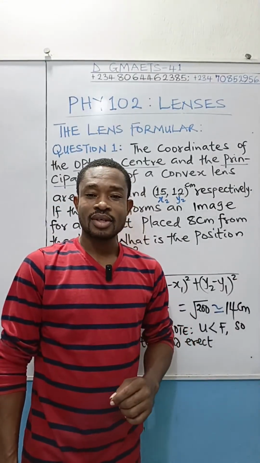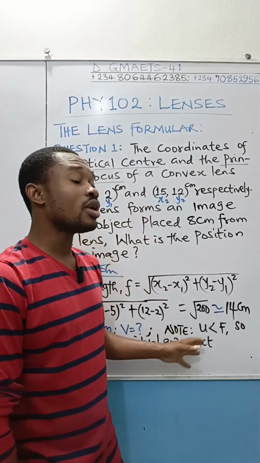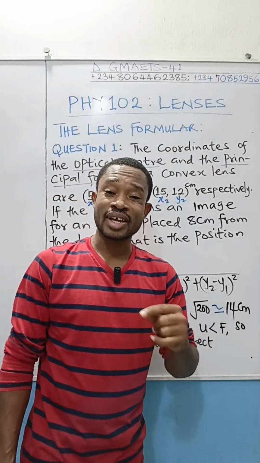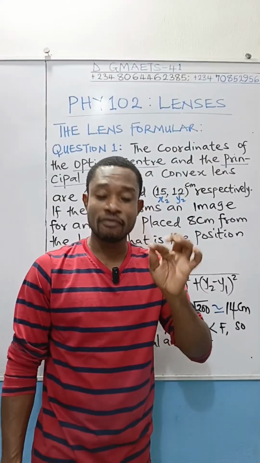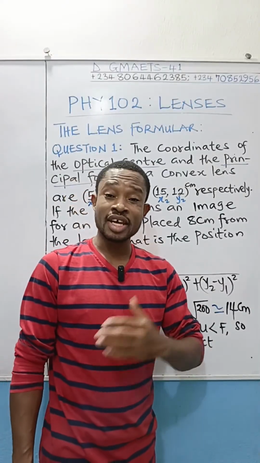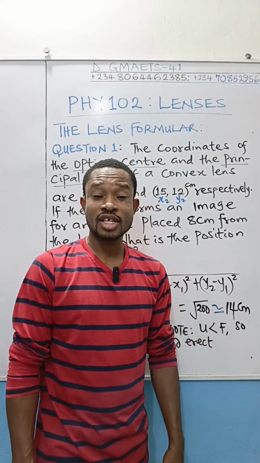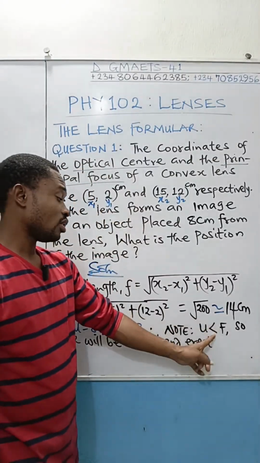So if you solve this problem, the final result you are going to get, supposedly the image position V, is expected to be negative, because of what happened there.